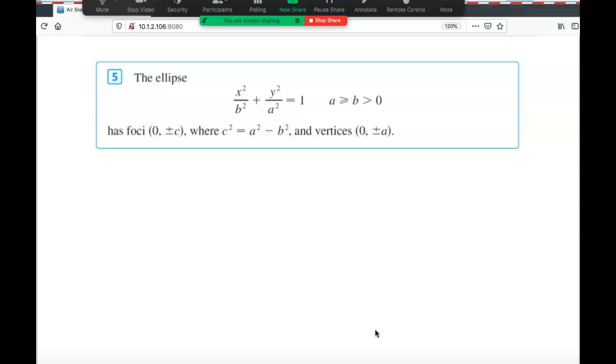All that happened was a squared and b squared are swapped, so that x squared is over the smaller value, because b is less than a. Everything else stays the same, except the foci are now 0 plus or minus c because they fall on the y-axis.